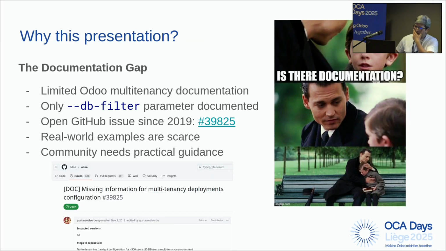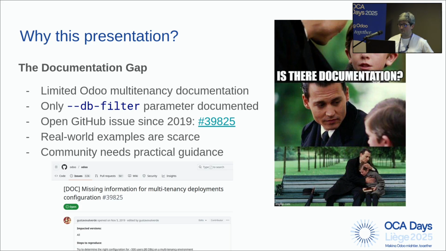And this brings us to why I'm giving this presentation. When we started our multi-tenancy journey, we faced a significant challenge: the documentation gap. I was like the kid. Odoo's official documentation only covers the DB filter parameter briefly. There has also been an open GitHub issue since 2019, which is not closed, of course, requesting better multi-tenancy documentation.